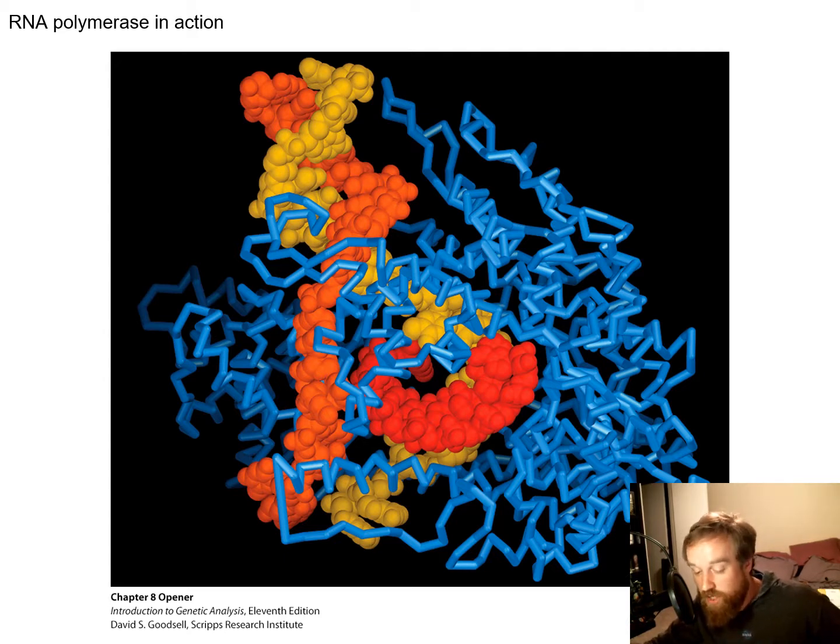These polymerases are called RNA polymerase. This is an example of a crystal structure of RNA polymerase on this slide. This is one of the molecular aspects we'll be talking about in this chapter: how we actually turn genes from a blueprint, so to speak, on the chromosome into actually performing function within the cell.